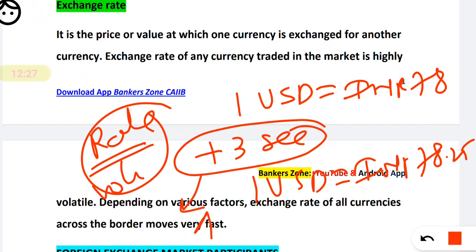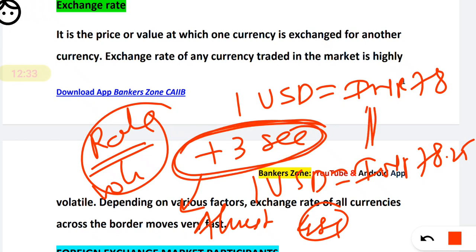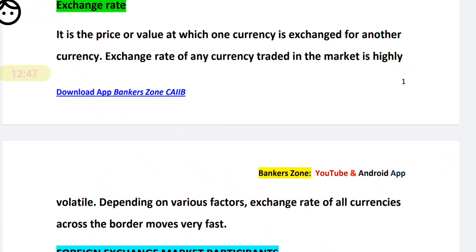Almost, I repeat, almost. In some books you will find 4 seconds. Almost every 3 seconds the rate is changing. That means you can imagine how volatile the market is, right? It is highly volatile. Almost every 3 seconds the rate changes. So that is the exchange rate.